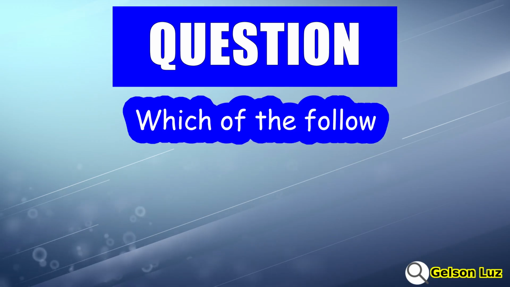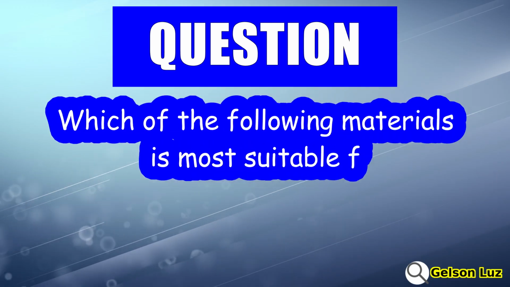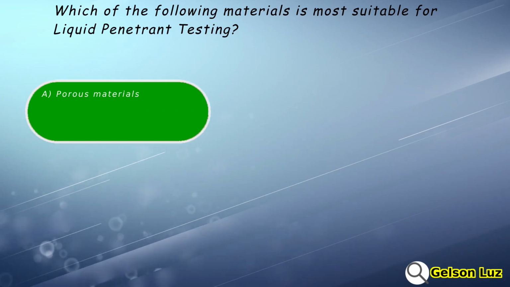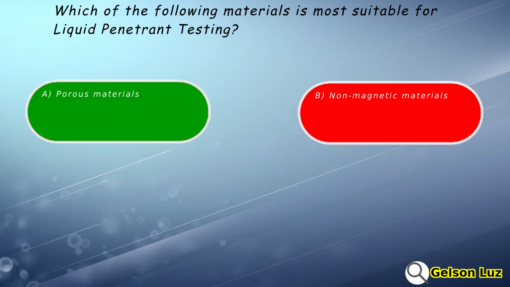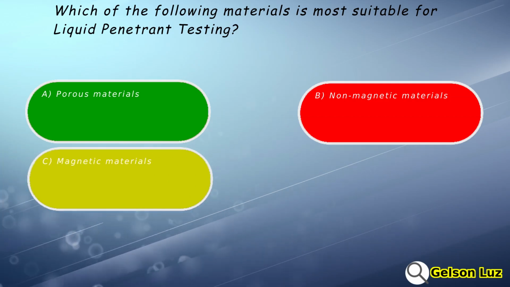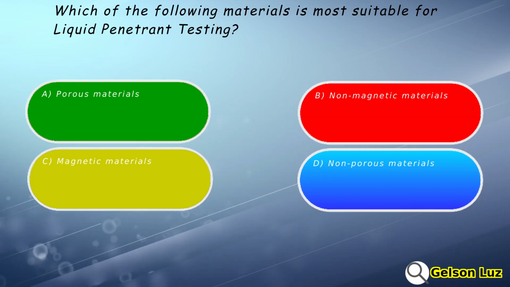Which of the following materials is most suitable for liquid penetrant testing? A. Porous materials. B. Non-magnetic materials. C. Magnetic materials. D. Non-porous materials.